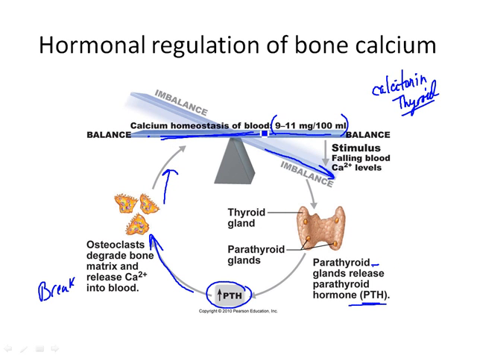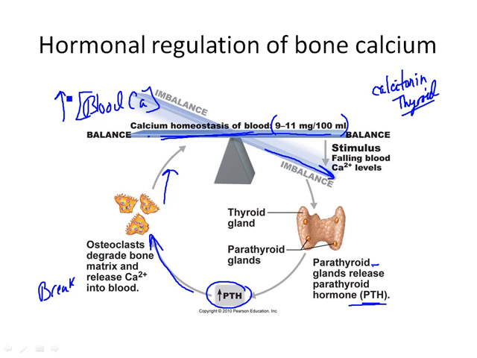Now, calcitonin, on the other hand: if your blood calcium concentration is going up, so let's imagine that you've just eaten a big bowl of ice cream with a milkshake and a glass of milk and some cheese, and you've just got this huge calcium load in your diet. You've got a lot of calcium being absorbed from your small intestine into your bloodstream.